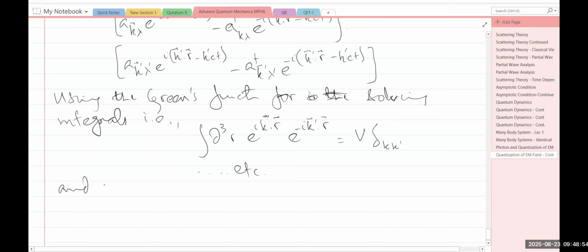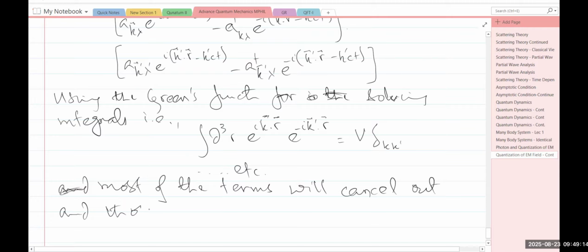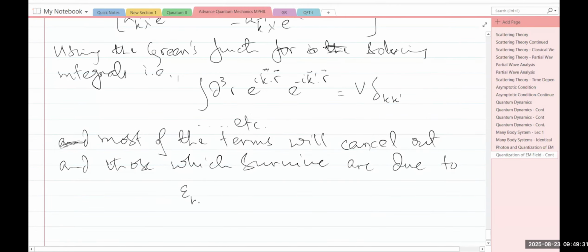Most of the terms will cancel out, and those which survive are due to this factor ε_{kλ} cross k ε_{kλ}, which is equal to plus k.